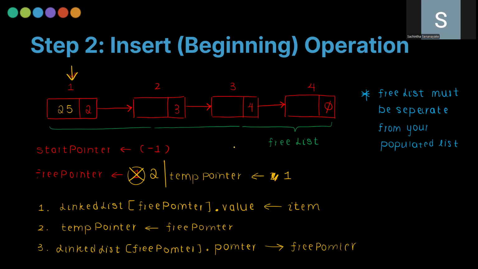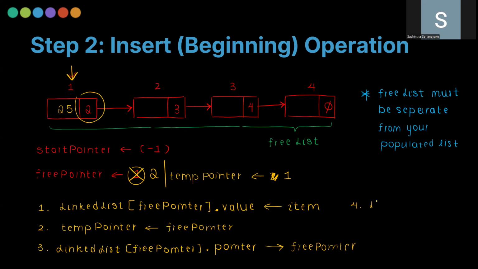The populated list must be separate from the free list. The next 2 steps are very crucial for this process. Step number 4. The next thing that you should do is update this node's own pointer to be the start pointer.